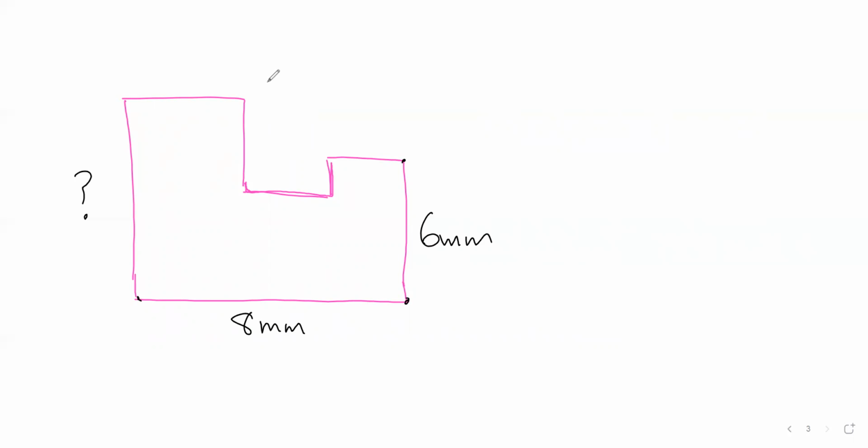Let's see here. Sorry, I'm just trying to think. This is tricky already. So let's call this 3 millimeters. I just need to get on top of things here. And let's call this 2 millimeters.